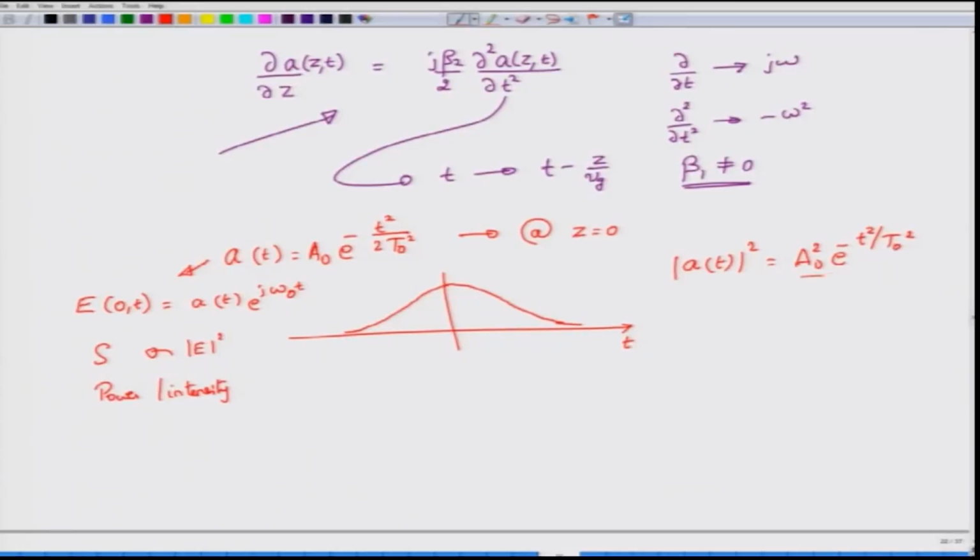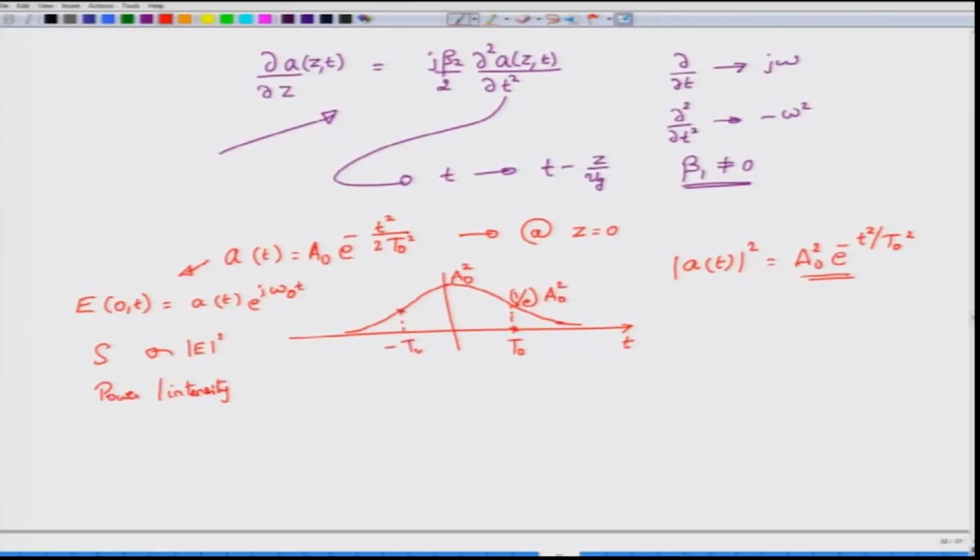Now, if I plot this one, at the origin I have A0 square, which is where the pulse goes to its maximum, and then at t equal to capital T naught, something interesting happens. So, let us say this is t naught, the pulse value would have dropped down to about 1 by e times A0 square.